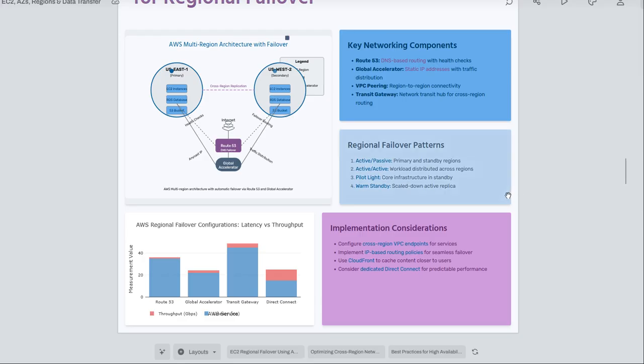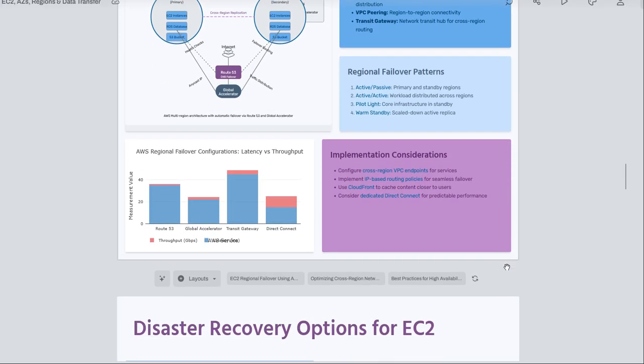Then DR pilot light: core infrastructure in standby. And then you have warm standby, which is a scaled-down active replica.